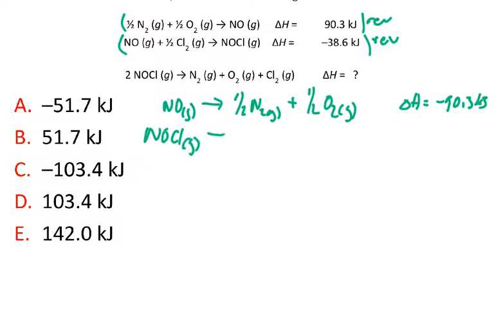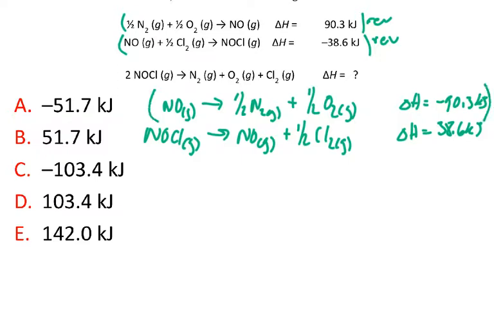NaCl, NO plus 1/2 Cl2. And my delta H also reverses. And then for all of these, all of my coefficients are double what they are in my originals. So I'm going to multiply everything by 2.